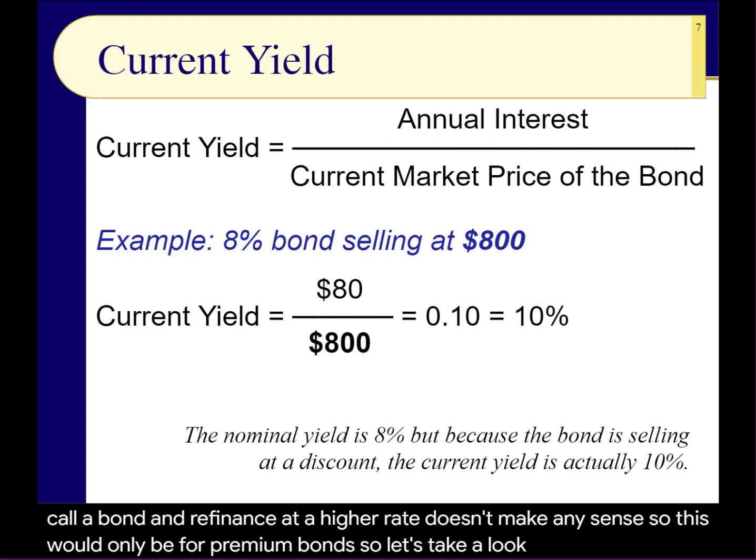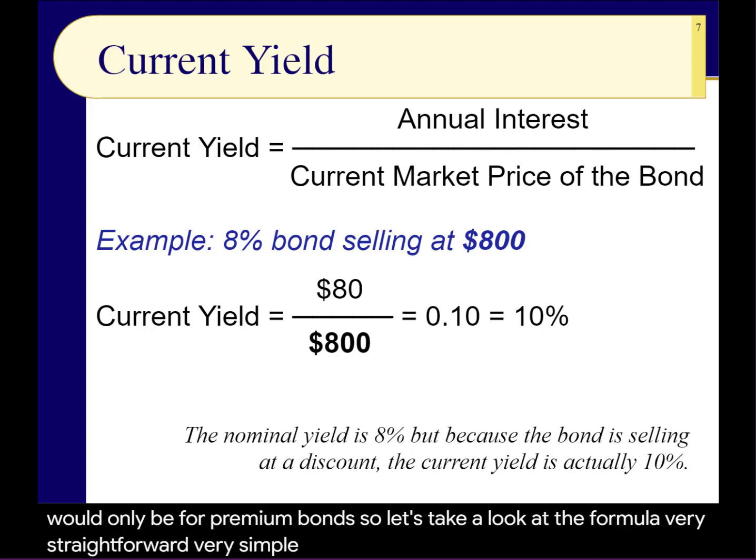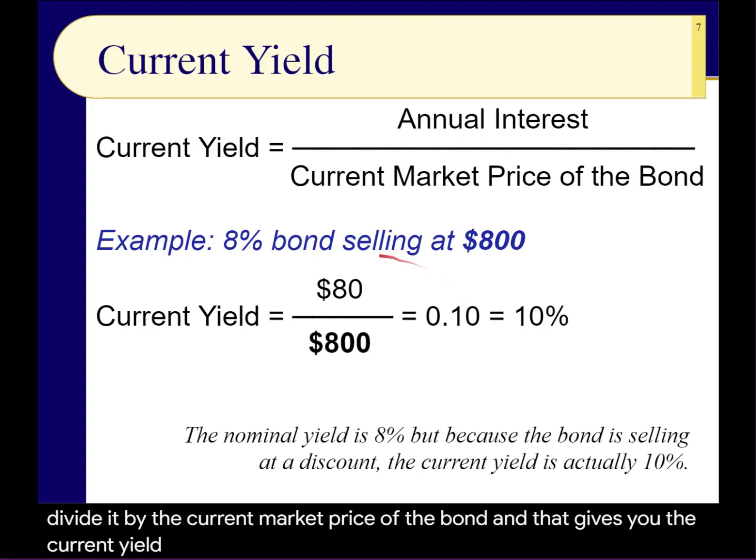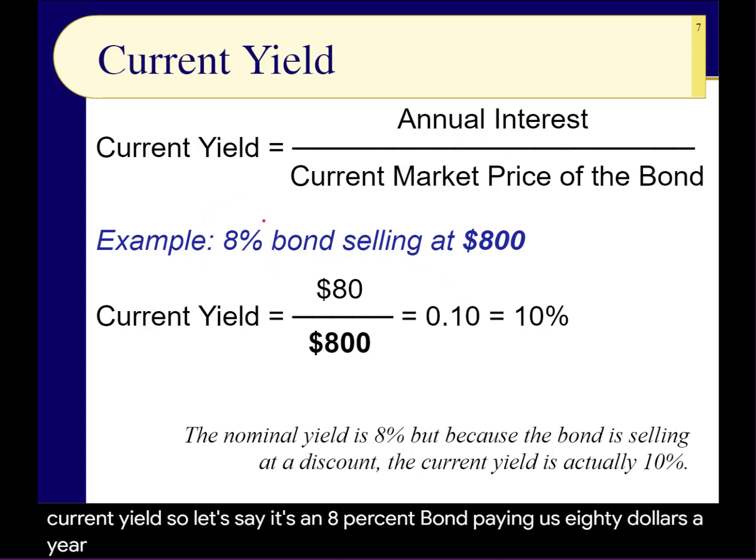So let's take a look at the formula. Very straightforward. You take the annual interest and divide it by the current market price of the bond, and that gives you the current yield. So let's say it's an 8% bond paying us $80 a year, $40 twice a year, selling at $800. It's a discount bond.